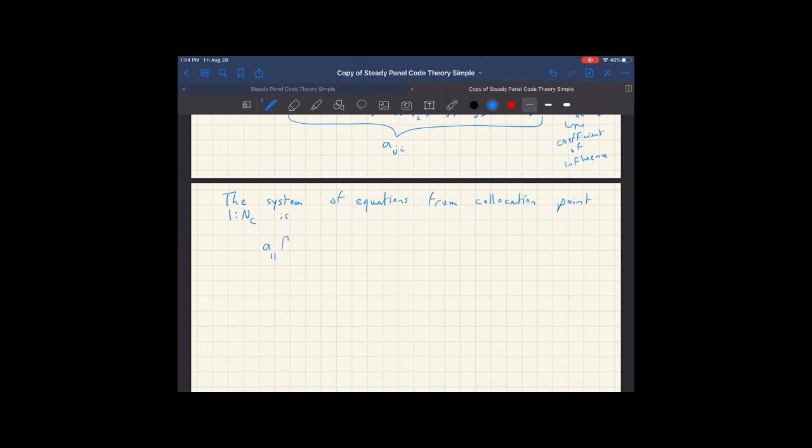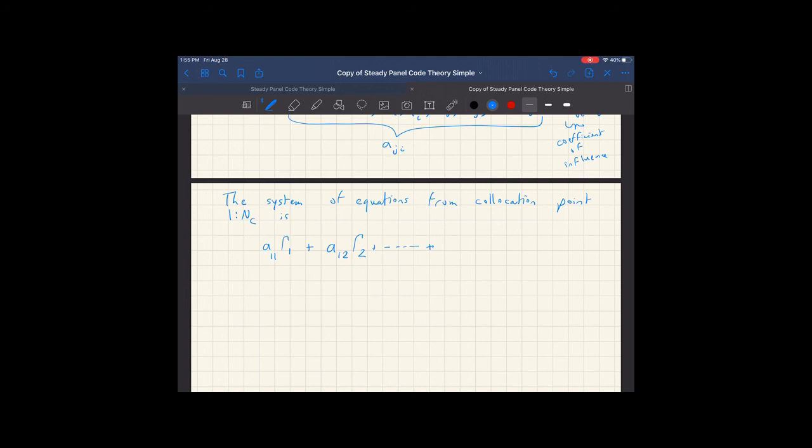A11, so the coefficient of influence of the first vortex on the first collocation point times the vortex strength of the first vortex, plus A12, so that's the influence coefficient of the second vortex on the first collocation point times the unknown second vortex strength, and then you can have an arbitrary number depending.